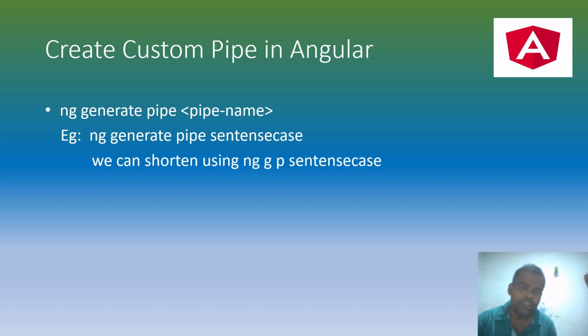Now we are going to learn to create a custom pipe using Angular. Using that, we can create whatever pipe we want and whatever transformation we want. For example, there's no built-in pipe for sentence case. In that case, I am going to create a sentence case pipe.